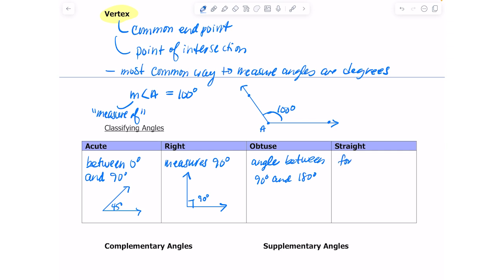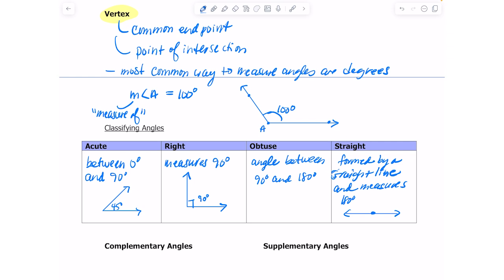So straight angles are formed by straight lines. So here's your straight line.